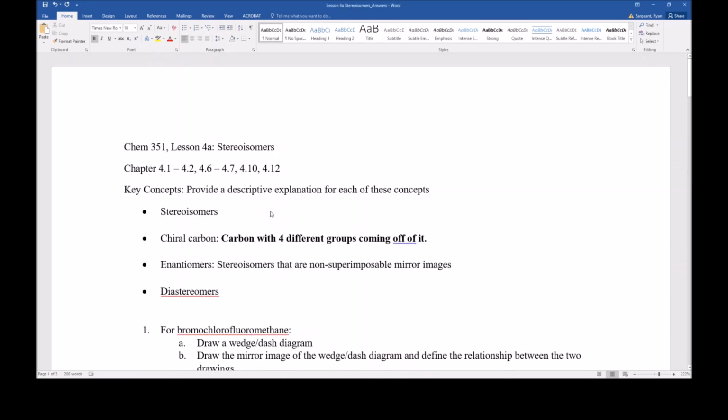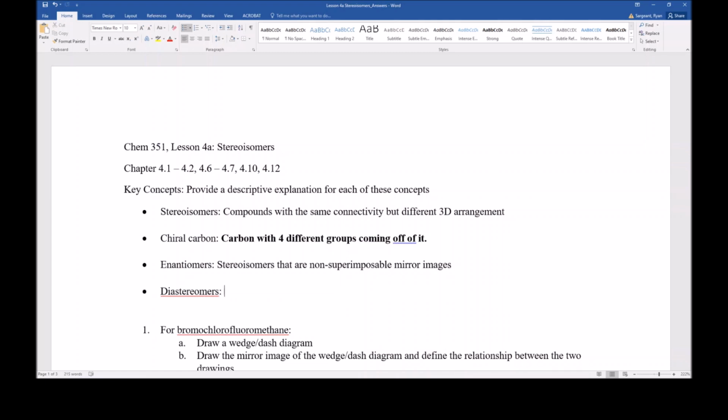All right, let's finish up our definitions. Stereoisomers are compounds with the same connectivity, but different three-dimensional arrangement. Okay. And then the last one that we haven't defined yet are diastereomers, and we're not going to use the definition that they're not enantiomers.